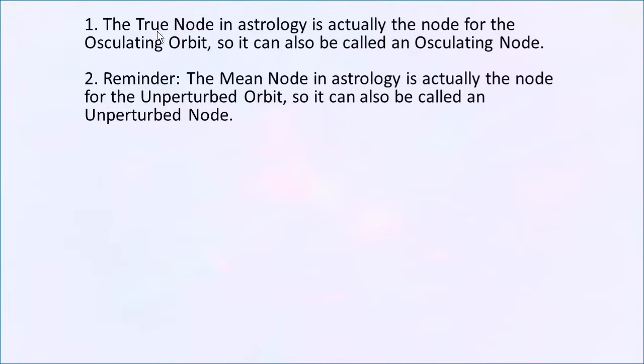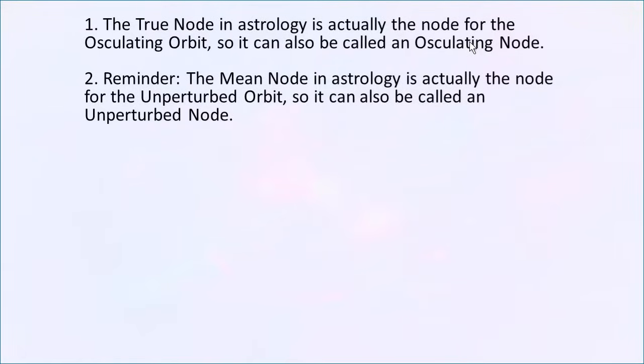Well, I can use the osculating node. That's the node for the osculating orbit. But again, the impression that astronomers, and astrologers who know astronomy, have is that the osculating orbit is not a real orbit. It's an orbit that happens to calculate the position of the moon, which does not mean it calculates the actual node.